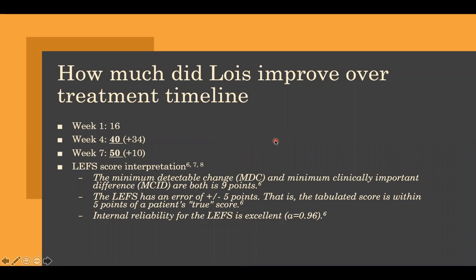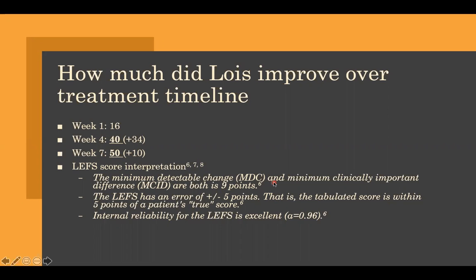So, over the treatment timeline, we wanted to analyze how she improved via the LEFS. She improved by 34 points from weeks 1 to 4 and 10 points from weeks 4 to 7.